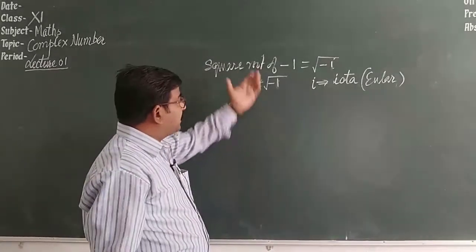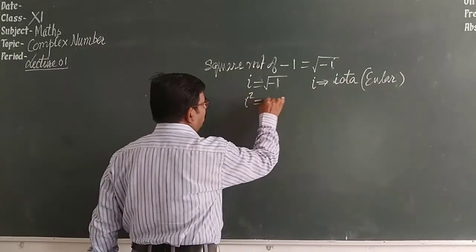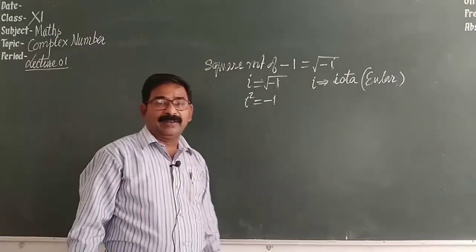If you square this, what do we have? i square is equal to minus 1.